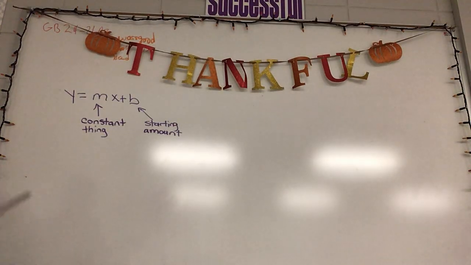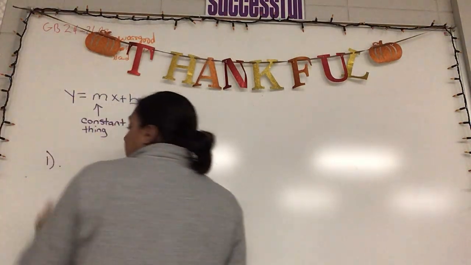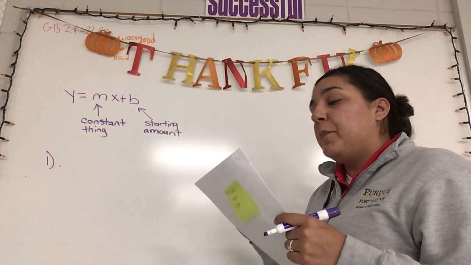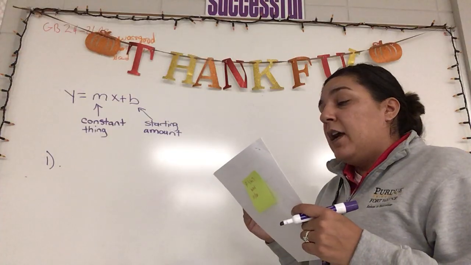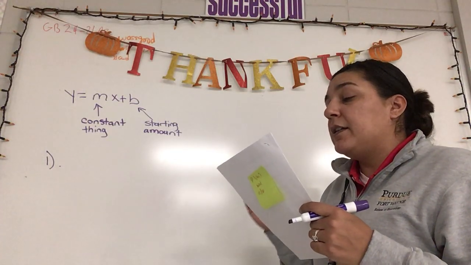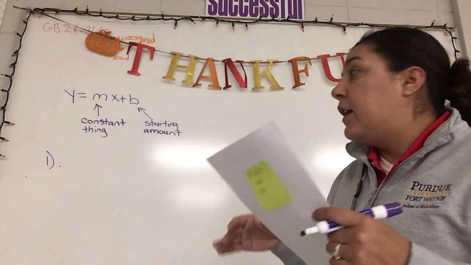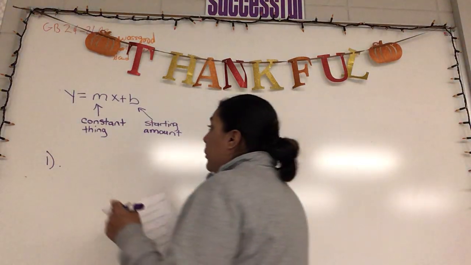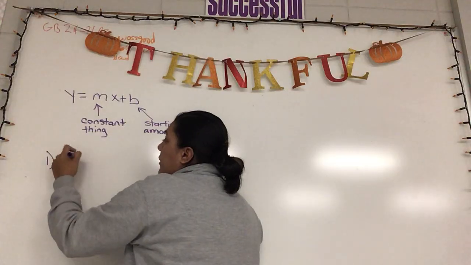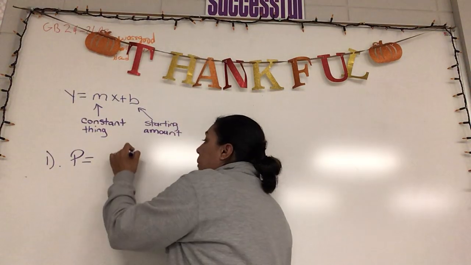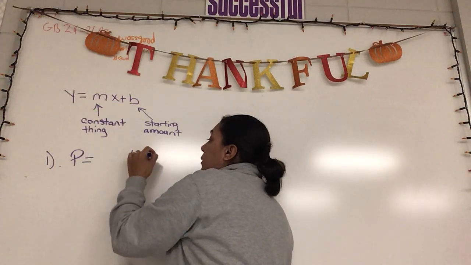If we look at number 1, I know there might be a glare, so I'm trying to keep conscious of that. It says the price P of an ice cream is $3.95 plus 85 cents for each topping T on the ice cream. Instead of using a Y, you're going to say price P, and we got toppings T. You're just swapping variables here.